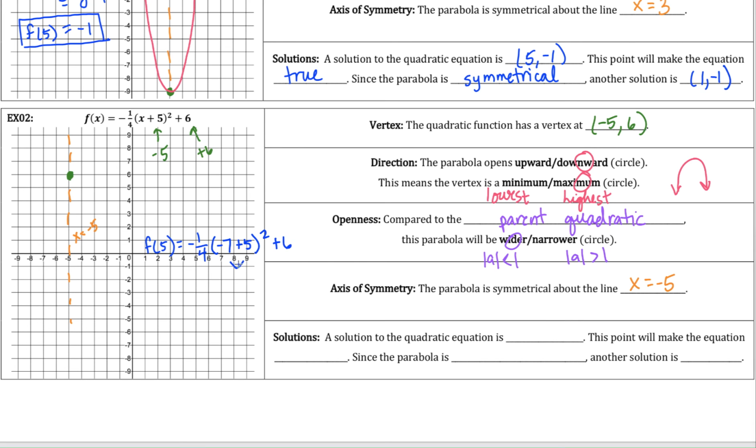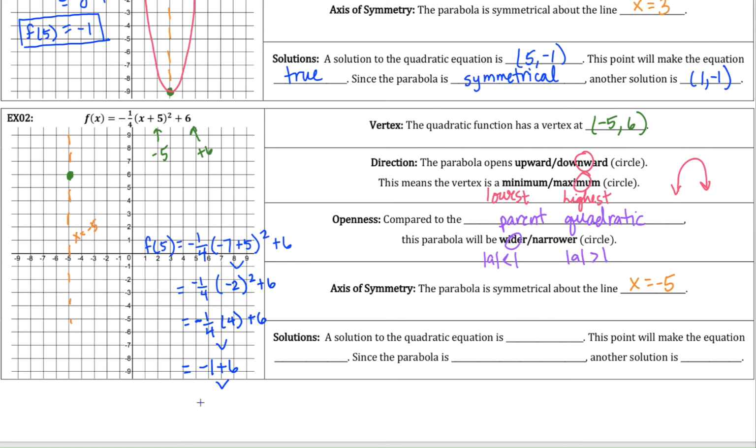So I'm going to do the parentheses first. So I get -1/4 times (-2) squared plus 6. And then I'm going to do my exponents. -2 times -2 is +4, plus 6. Now I can multiply -1/4 times +4, which is -1.